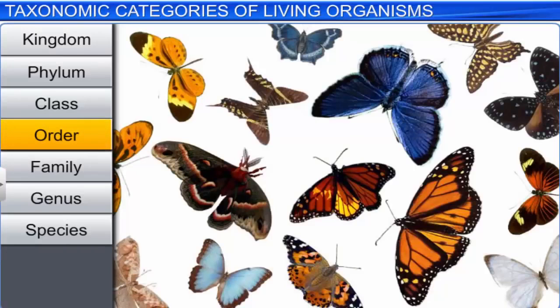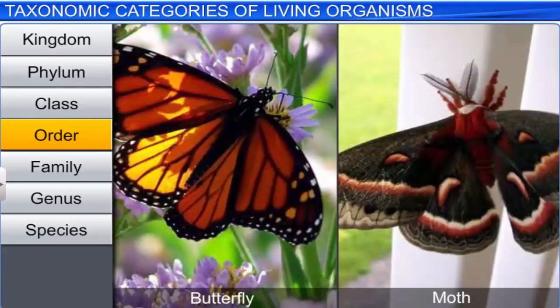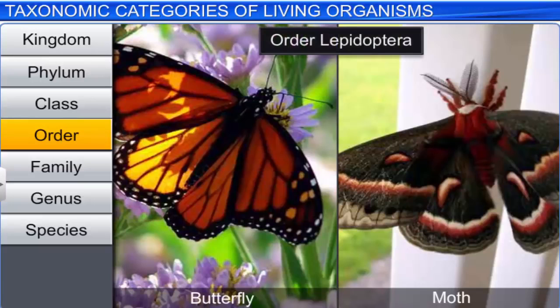Order is the next category, which is a collection of related families. However, the number of similarities is less than that seen in a family. For example, the order Lepidoptera includes butterflies and moths belonging to the families Papilionidae and Tineidae, respectively.